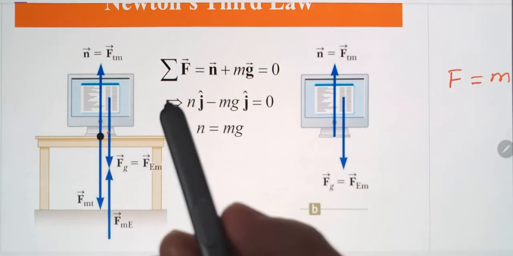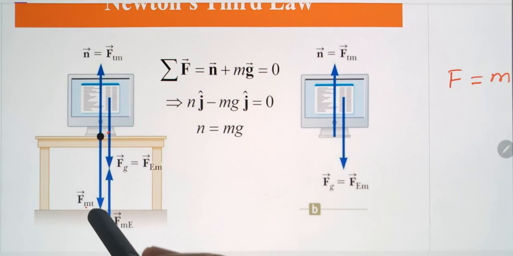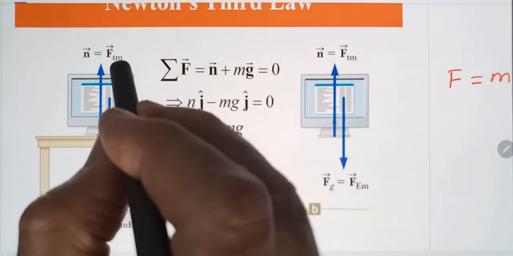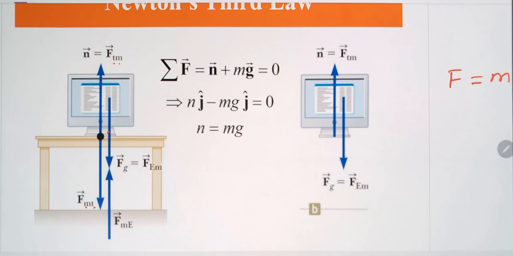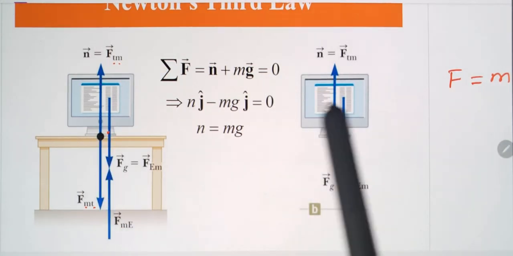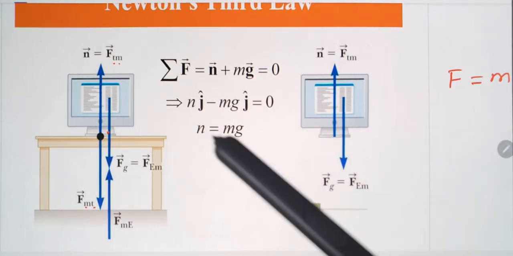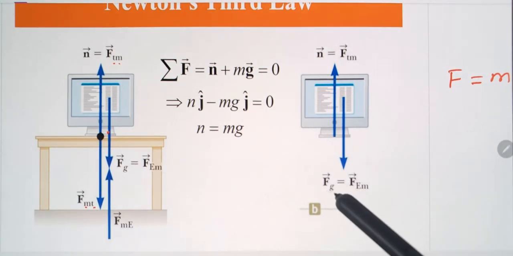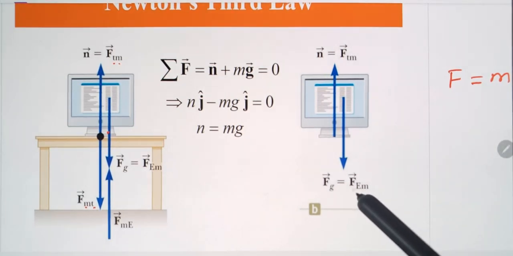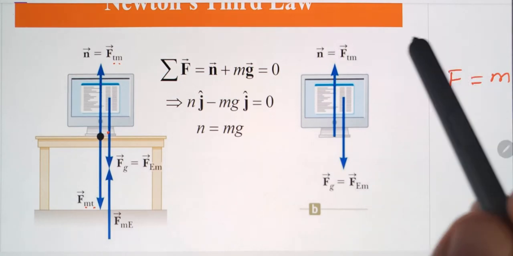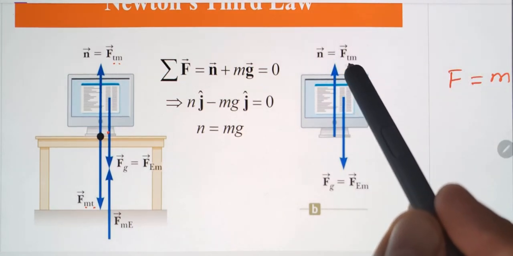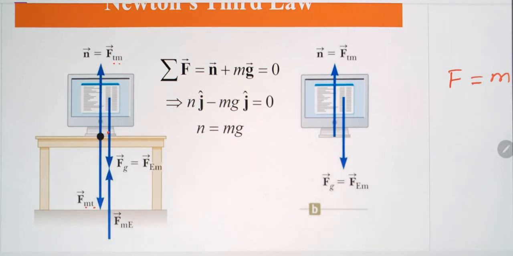So here, monitor, table; here, table, monitor. And here, he is just rewriting this, separating it from the other two forces. I'm repeating, Fg is equal to the force of Earth on the monitor, and the normal force, which is the force of the table on the monitor. Action and reaction.